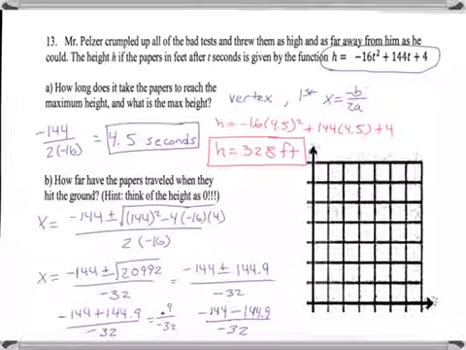Then we divide that by a negative 32. And we should get that it takes about 9.02 seconds is the value for x. So our x-intercept is at 9.02, or right around 9. And so this is the answer that we're looking for. We don't want the negative value.